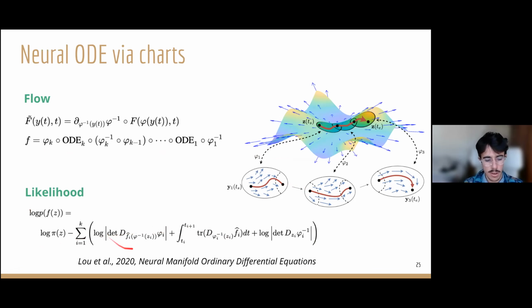Basically, you have the log Jacobian that comes from the pulling and pushing from the charts, and then you have the terms that come from the ODE solver on each individual chart. So in a way this leverages the definition of a smooth manifold, and instead of solving the ODE on the manifold, you solve it in the charts, in the open spaces defined by the charts.